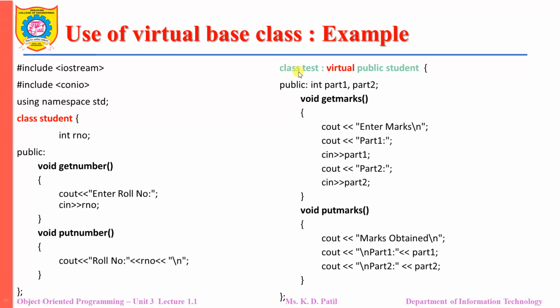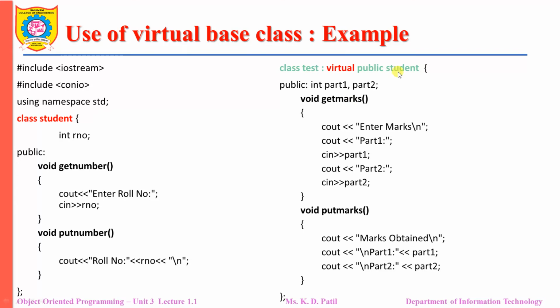Class as a keyword, test is the name of that respective class, followed by colon, followed by the virtual keyword, followed by public derivation, followed by the name of that ancestor or base class. Here I have used the virtual keyword first and after that I have written public, but you can reverse it also. So you can write public followed by virtual. Okay, so that is also okay.